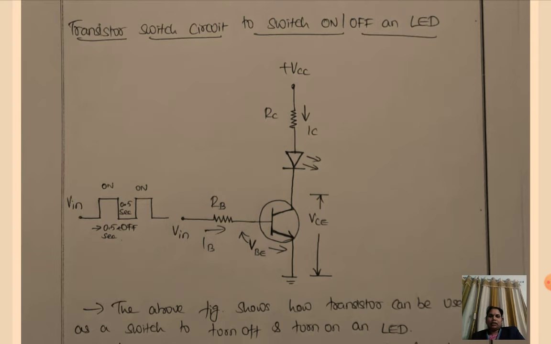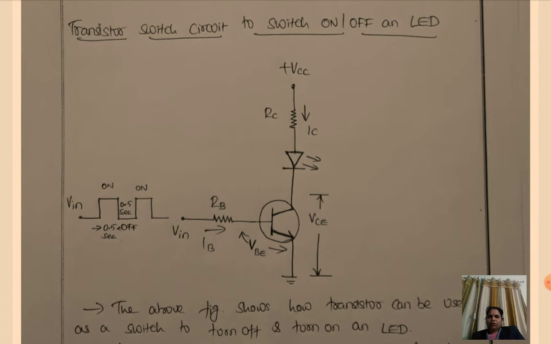Another bias voltage is VCC, which is connected across the collector terminal through the series resistor RC. Even here on the input side we have a base resistor RB. Both RB and RC are current limiting resistors.